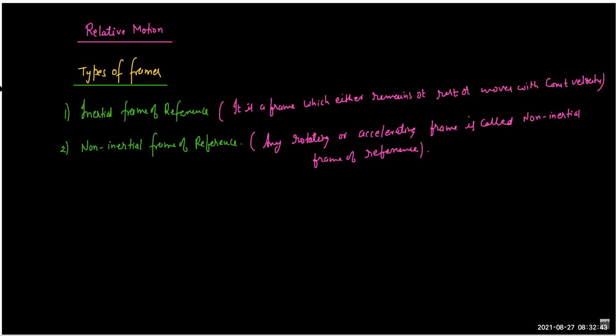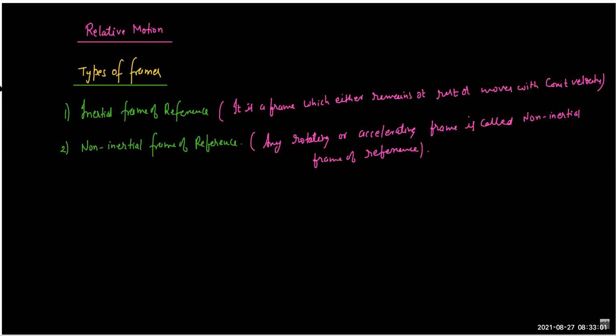So we write the kinematical equation as per our own observation. That is the truth. So we do not write in the ground frame, we write in our own frame. So what I see is what I believe.